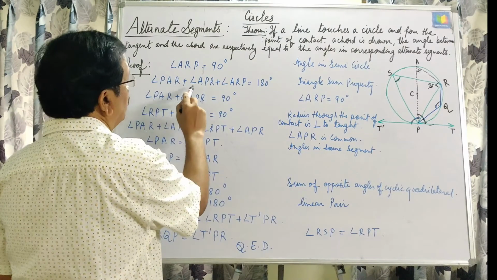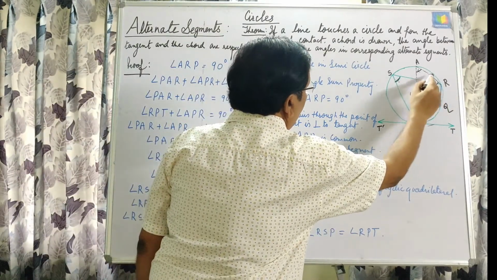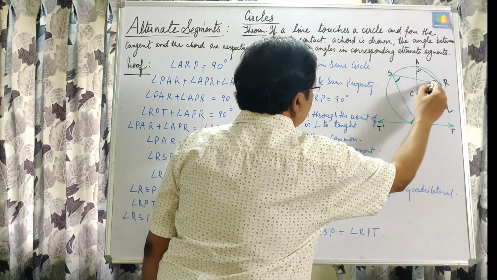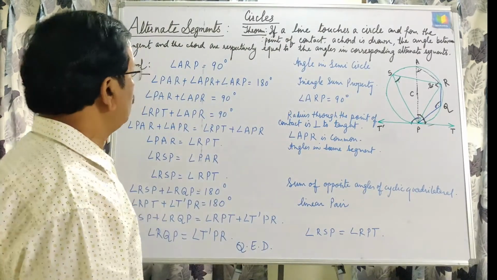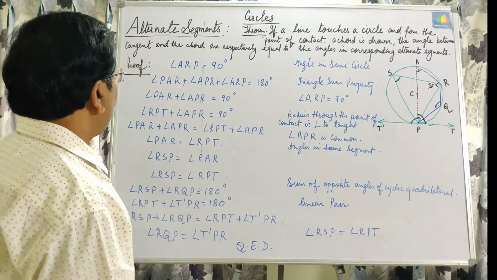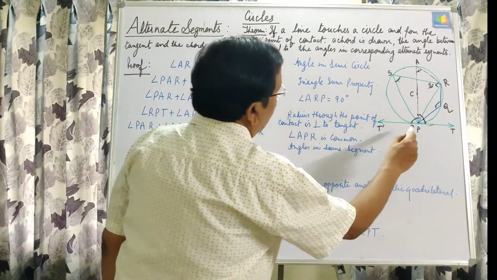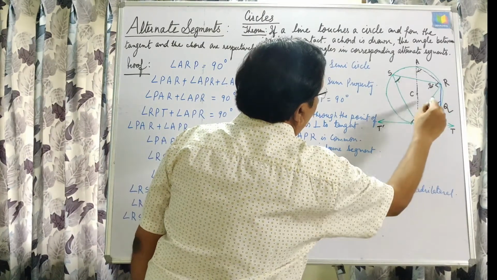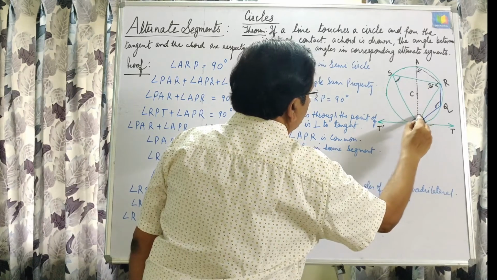Angle PAR plus APR plus ARP in this triangle RAP: by the triangle sum property, the sum of all these three angles is equal to 180. And angle PAR plus APR is 90, because this is 90, so the sum of these two angles is 90.